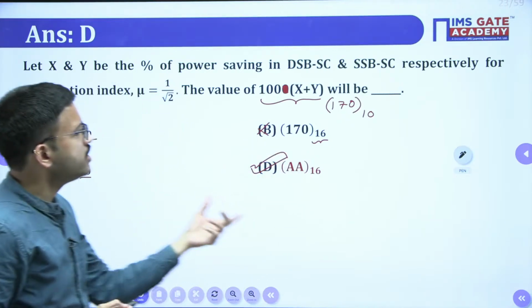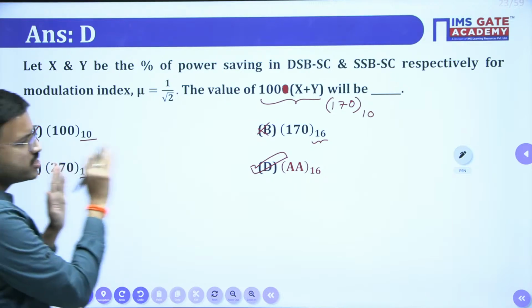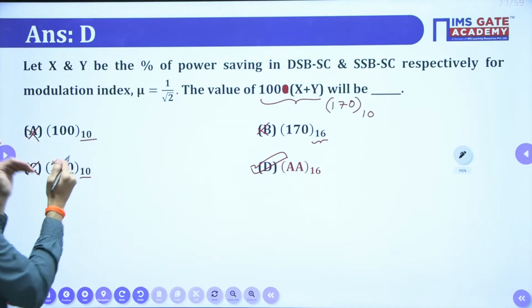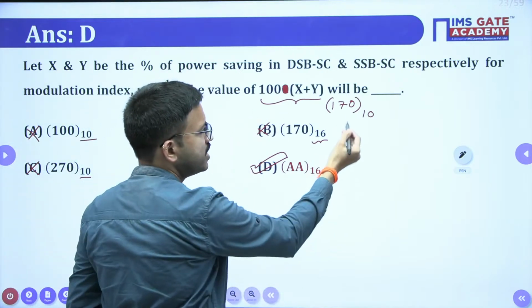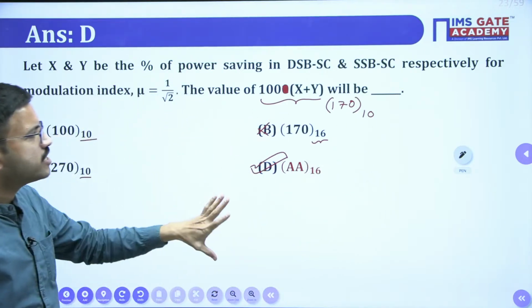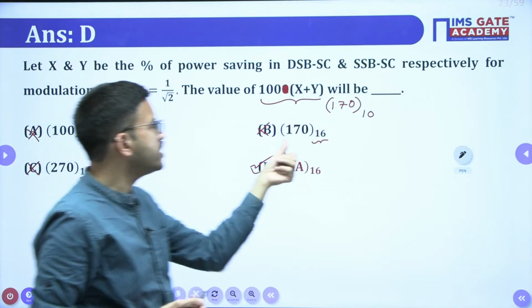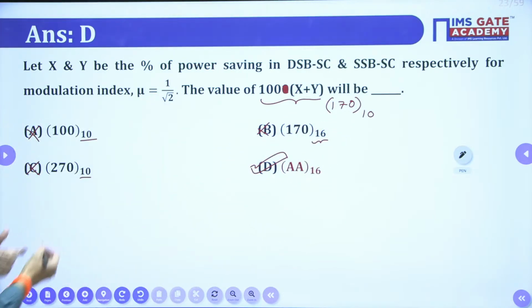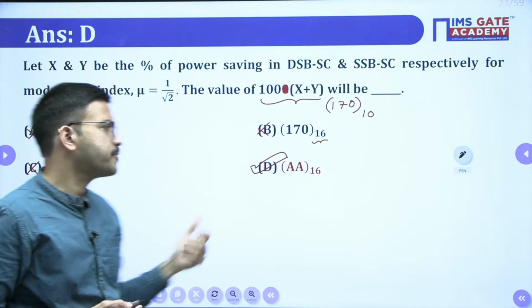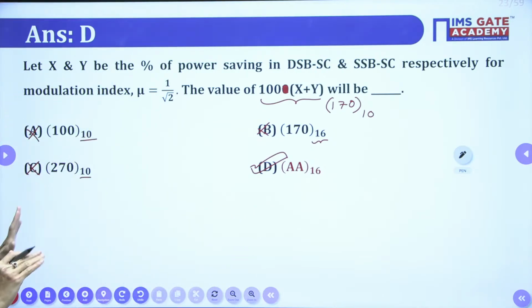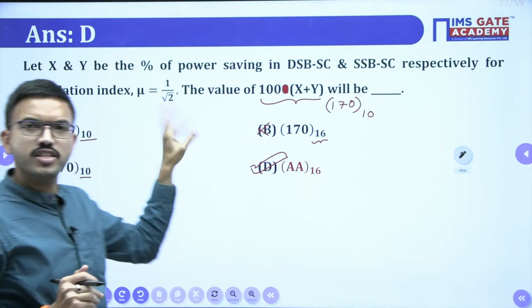So in this way you can come to the right answer by following the standard method, converting the decimal into hexadecimal, or otherwise just after getting this number, by observing the choices. This question is MCQ, as the name implies, choices are already there, right? So just by observing the choices, you can eliminate straight away three choices.